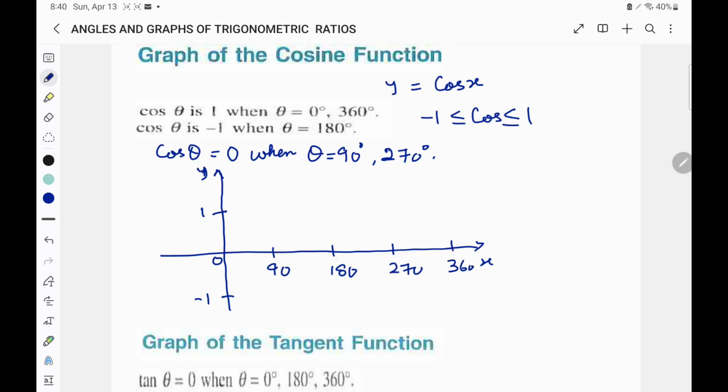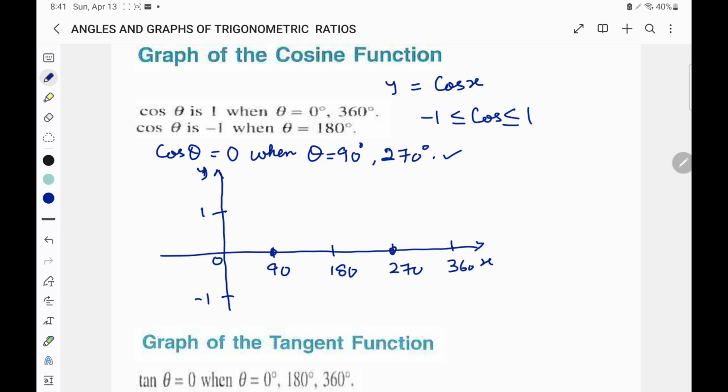All right, so your angle is between 0 to 360 degrees. Now it's 0 whenever it's 90 and 270. Okay, wherever it's 90 and 270, it's 0.